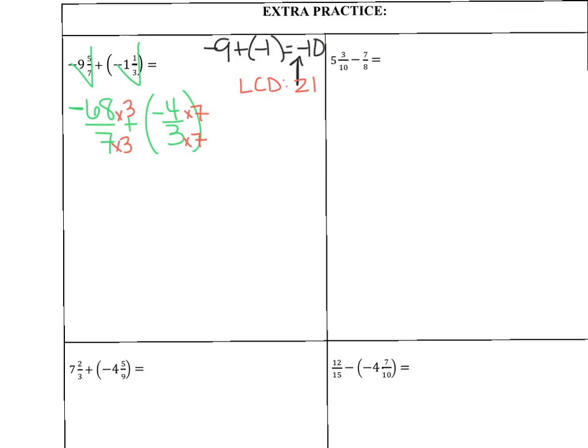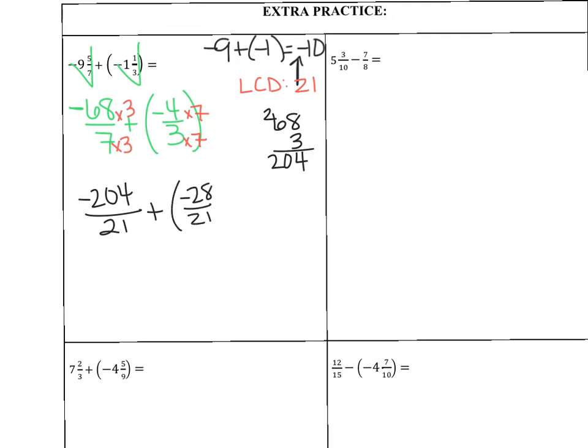All right, so rewriting. I understand that some of you may not know what 68 times 3 is, so I expect to see some work on the side. So we come over here, 68 times 3, that'd be 24 there, 18 plus 2, 204. I'm going to have negative 204 over 21 plus negative 28 over 21.